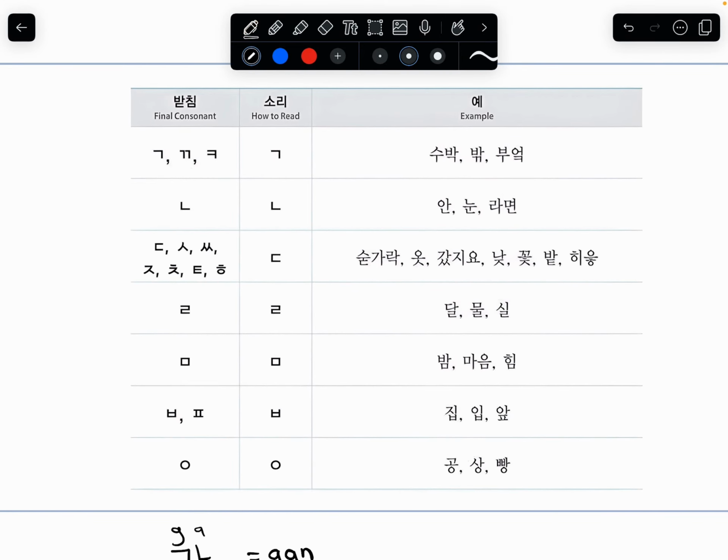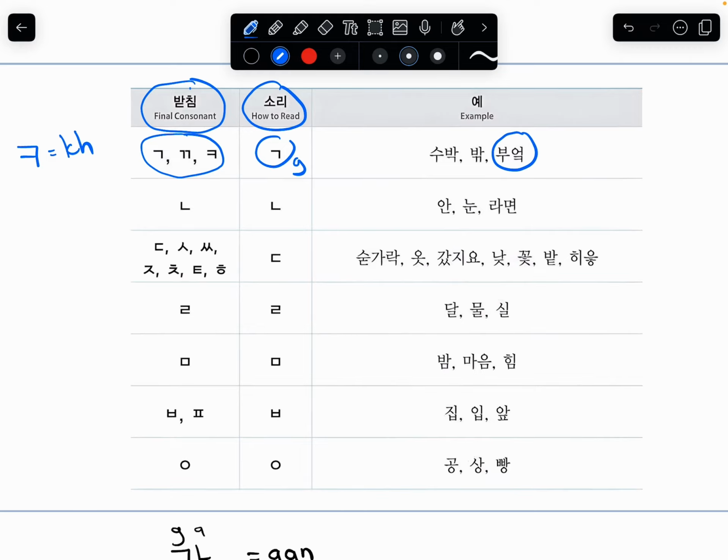But the important part is like this. When this symbol becomes a badchim or final consonant, the sound will be like this. Okay, so for example, like this one. This one, we know this is KH. Okay, but when it becomes a final consonant, it becomes G. So for example, like this.